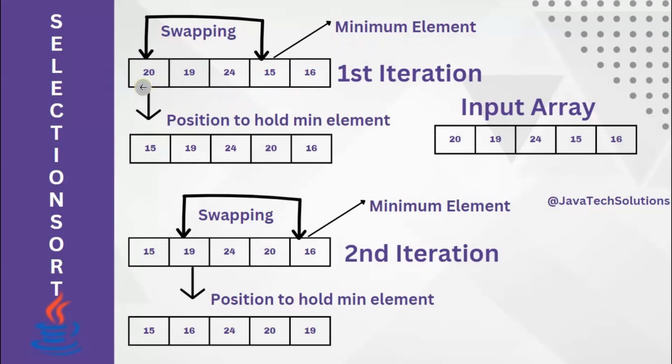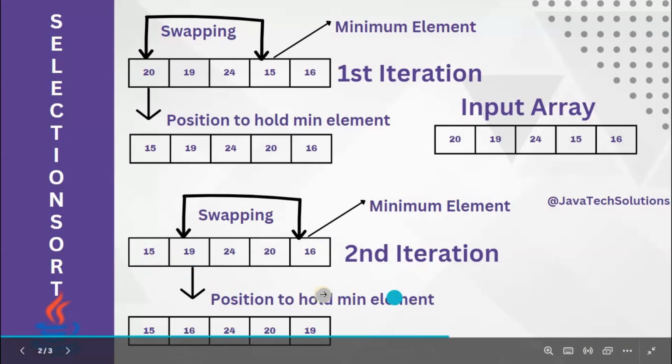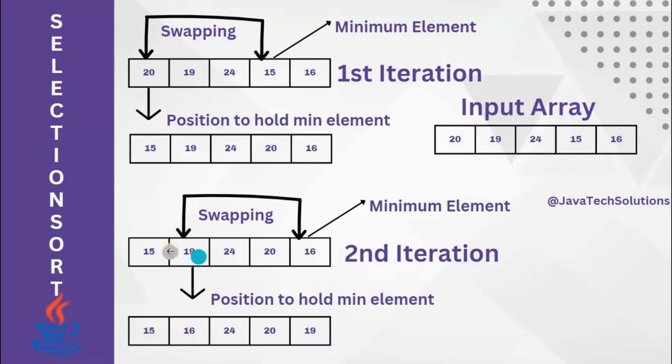Then we swap the minimum element with the first position, so 20 and 15. After the swap it will look like this: 15, 19, 24, 20 and 16. Next, in the second iteration, the index one position holds the second minimum element, so we move over here.